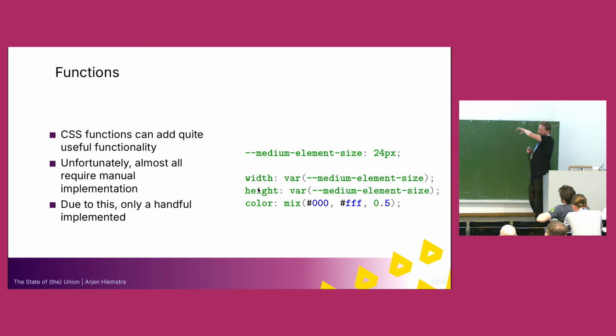Even vars, which are more of a parser thing than really a function call, even those you need to re-implement. And that was a lot of work. So that is a lot of work, which means that there's a lot of stuff in CSS functions that has not yet been implemented.